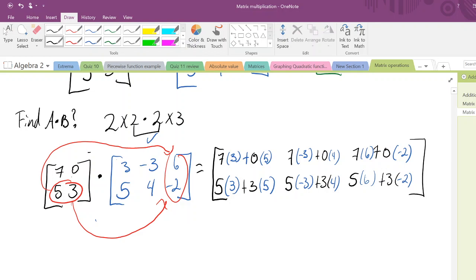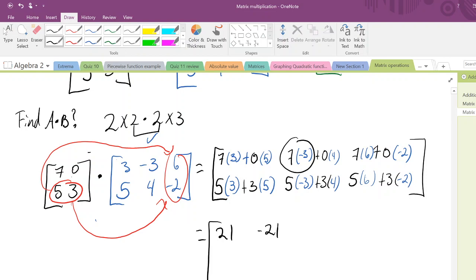So I have 7 times 3 is equal to 21 plus 0, that's just 21. And then 7 times negative 3, that's negative 21. So right here, negative 21 plus 0, that's negative 21.